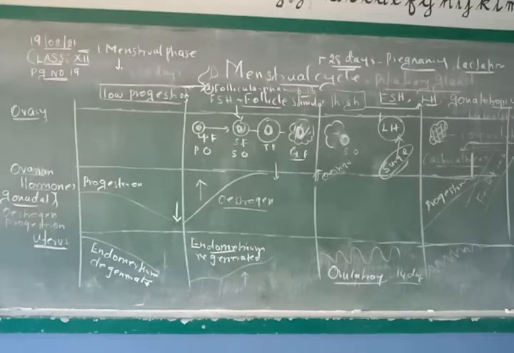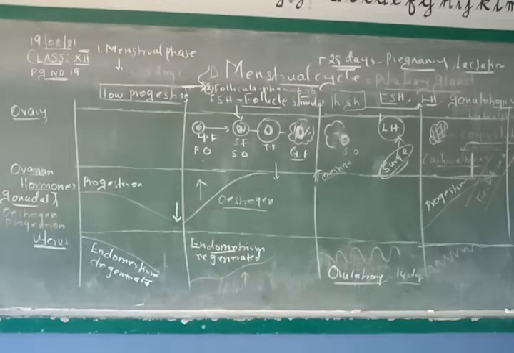Menstruation occurs only if the released ovum is not fertilized. If there is fertilization, no menstrual cycle. Okay, that's what we studied. So absence of menstruation may be an indicator of pregnancy. Or sometimes it may be due to stress, hormonal disorder and anemia. So these are the causes of absence of the menstrual cycle.